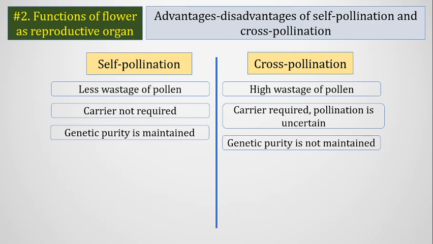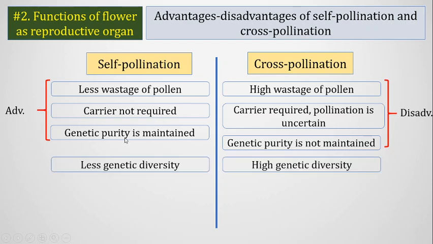But in cross-pollination, characteristics from two different plants come into the offspring, so its genetic purity is not maintained. It obtains some characteristics from the male gamete and different characteristics from the female gamete. So there are the advantages and disadvantages of self-pollination and cross-pollination.